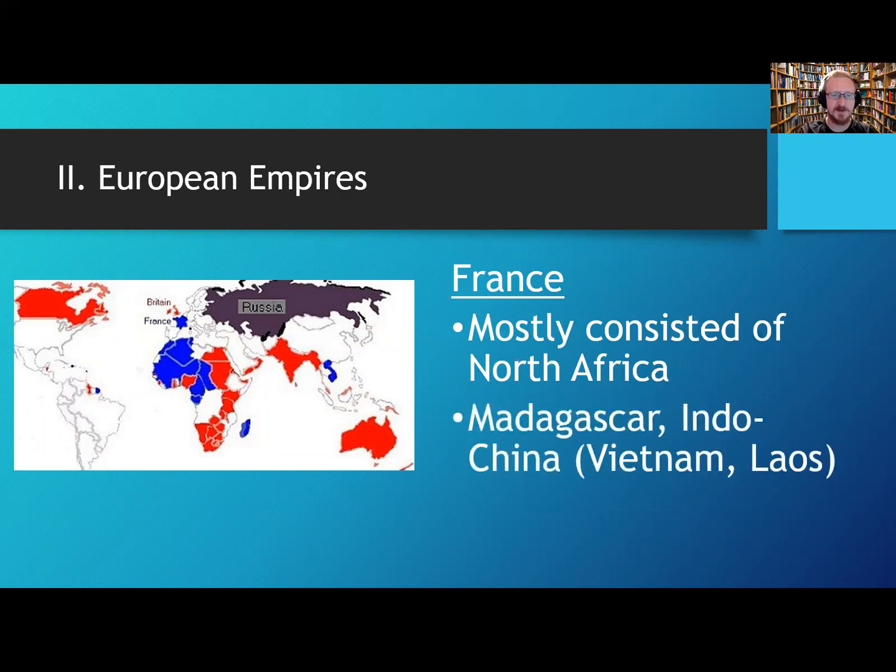There's also some other areas on the map as well. Anything in blue here belongs to France at the height of their empire. So the huge island of Madagascar off of the east coast of Africa. And then what was called Indochina, which is now Vietnam, Laos, Cambodia, was dominated by France at one point in time.